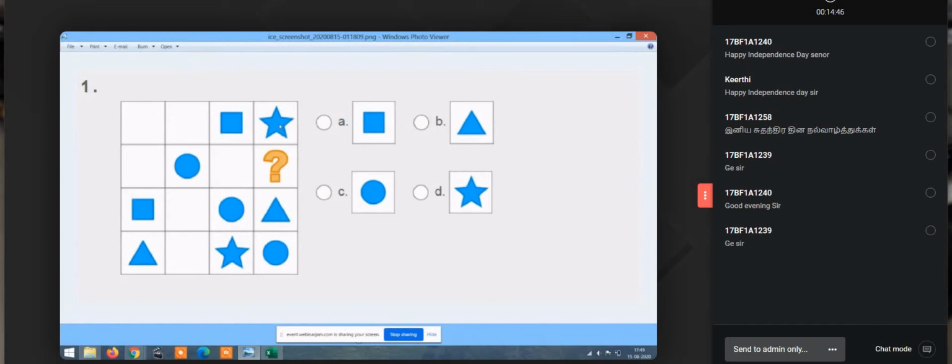Similarly, you cannot have a star in the first row because you already have it. So these 2 places should be taken by either the circle or the triangle. We'll see which one will come here later.